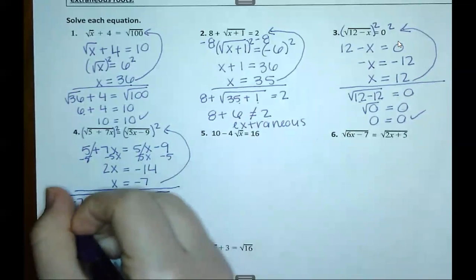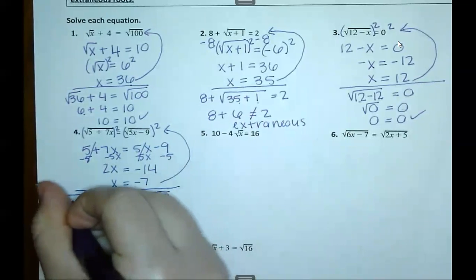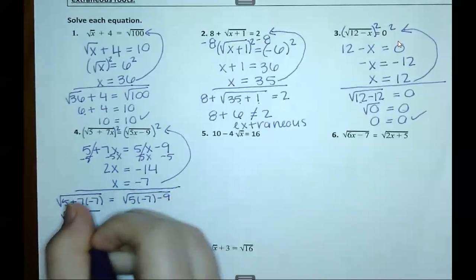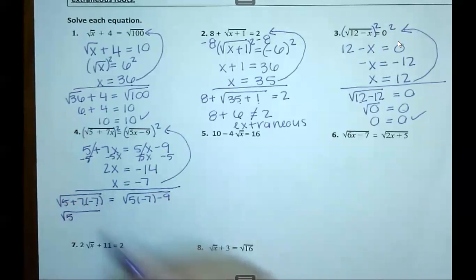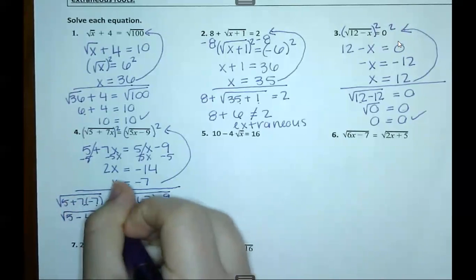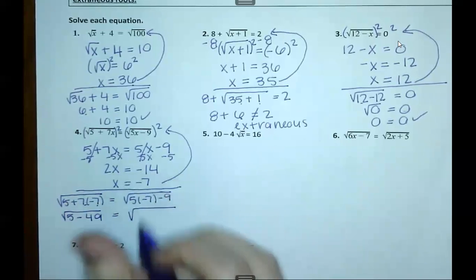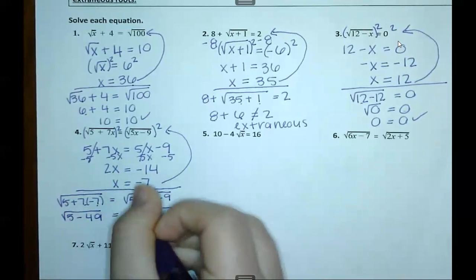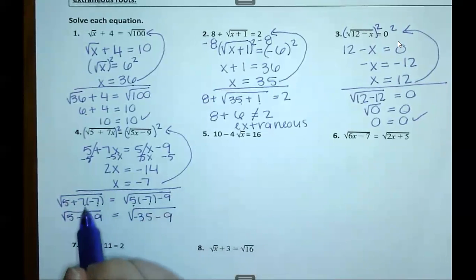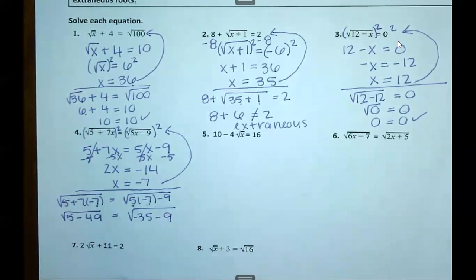So what I would have under here would be 5, and then I would have 7 times -7, which is -49. And in this one, 5 times -7 is -35 minus 9. So we had to do the multiplication first because order of operations says to do multiplication before addition or subtraction.